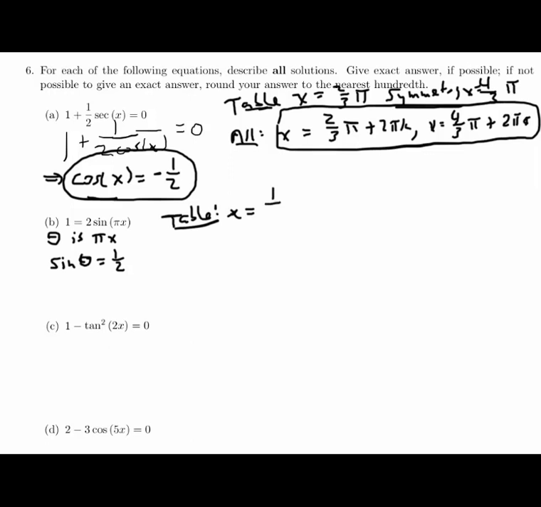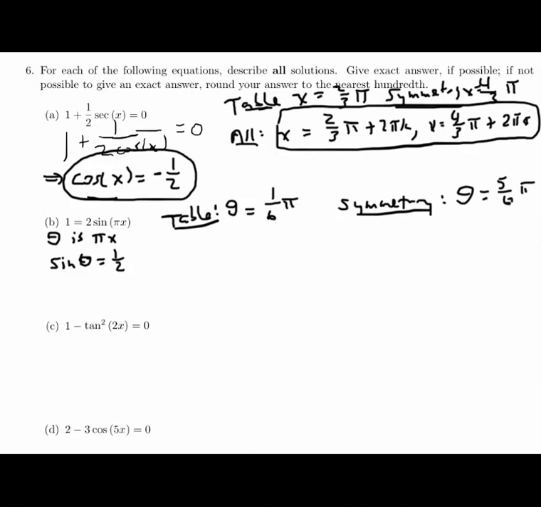theta is 1/6 pi. Symmetry will tell us, again for sine, the symmetry is not 2 pi minus the angle I already got, it's pi minus that. So I subtract the first thing I got from pi, and I'll have 5/6 pi.